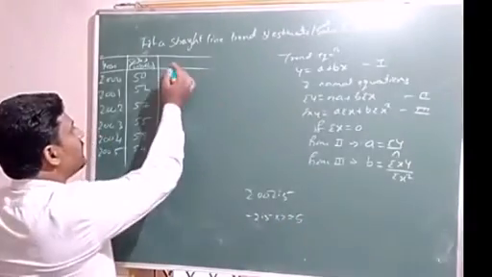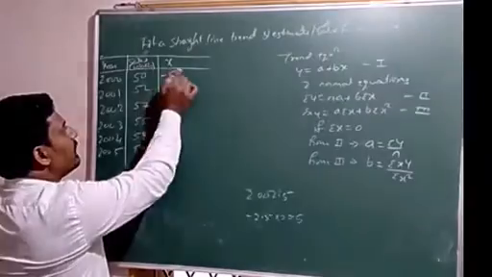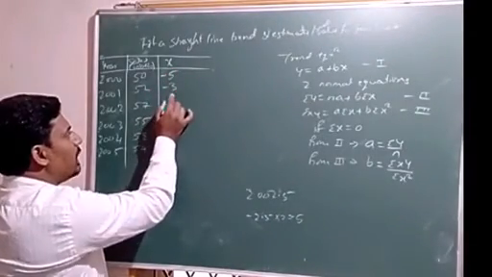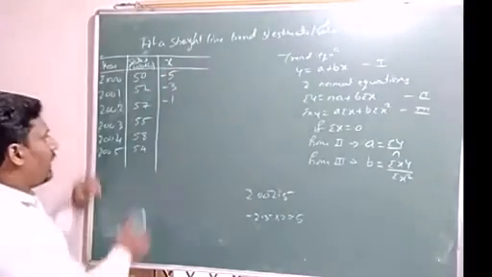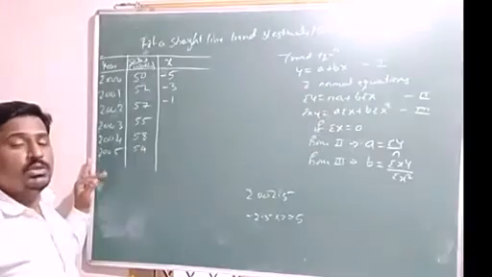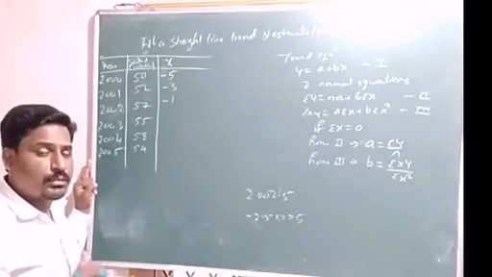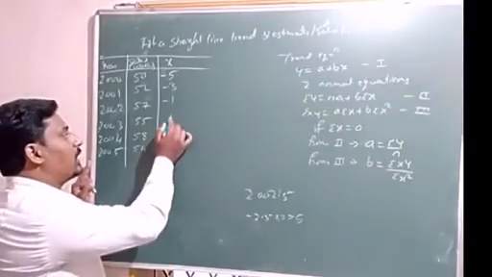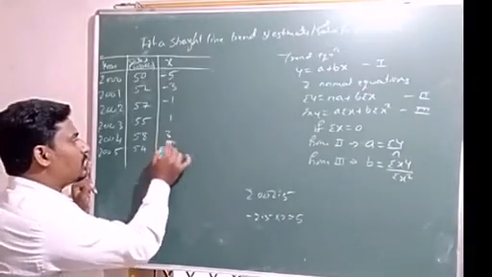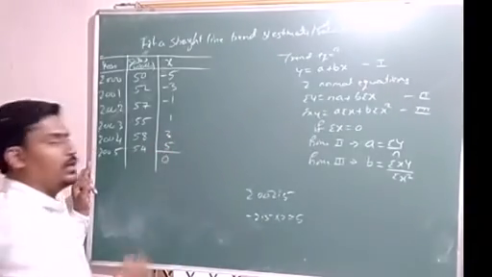So here we get the x column: minus 5, minus 3, minus 1. And next, 2003 minus 2002.5 is 0.5, into 2 is plus 1, and then plus 3, plus 5. So the total becomes 0 here.